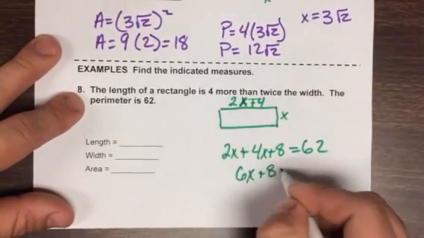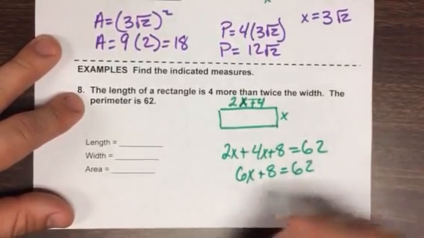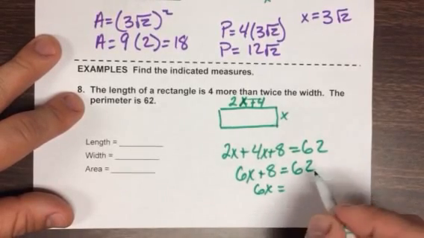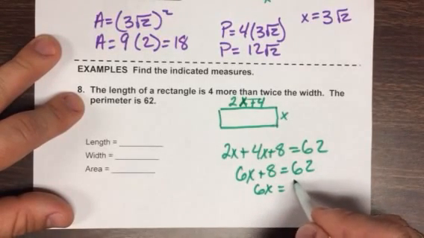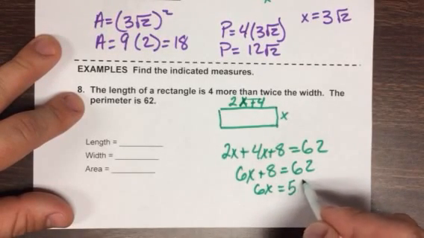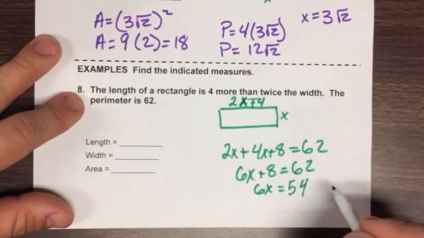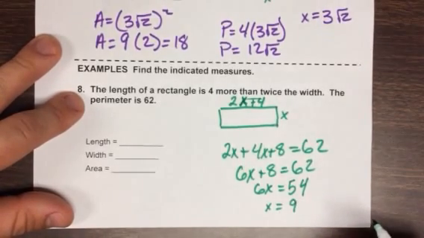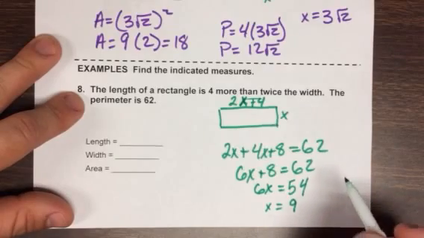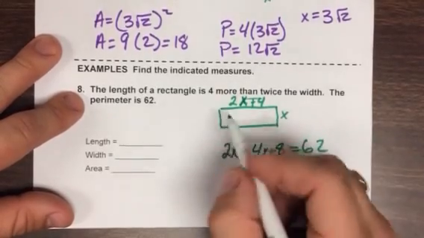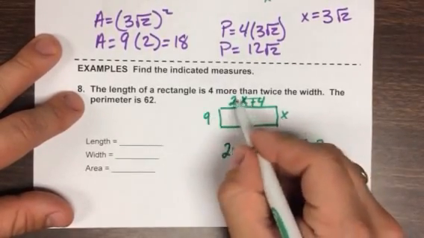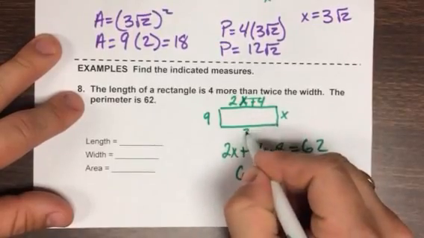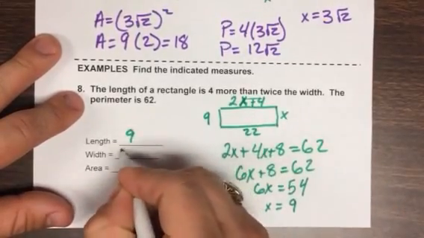6x plus 8 equals 62, or 6x equals 54. X would have to be 9. So now that I know 9, I can go plug it in. This side would be 9. 18 plus 4 is 22, so we'd call 9 and 22.